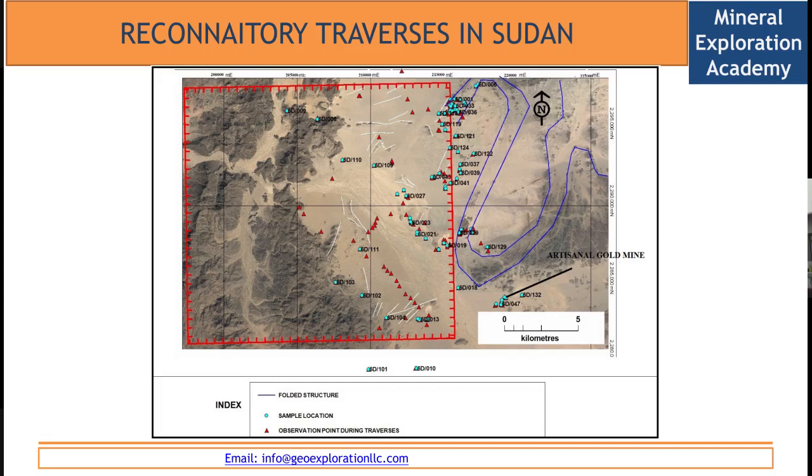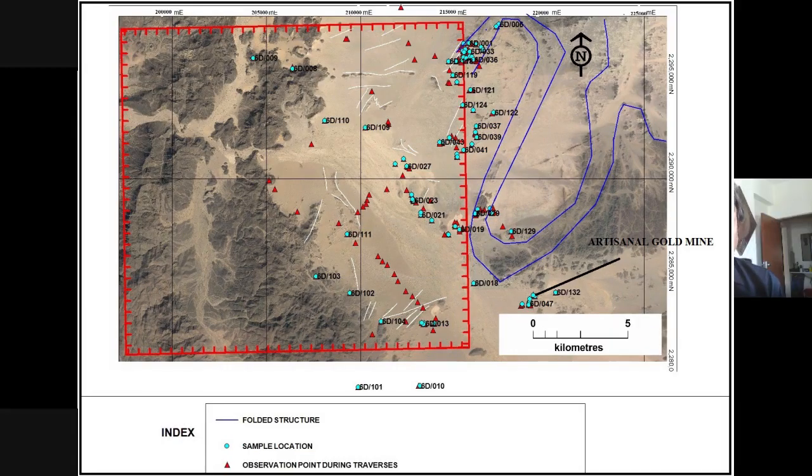This is the Google image map, and we have plotted the block where we were doing reconnaissance traverses and sampling in Sudan, in the Nubian desert, and this work we had done for gold. We have plotted all the traverses, marked in red, with GPS locations, and also marked the sample locations.